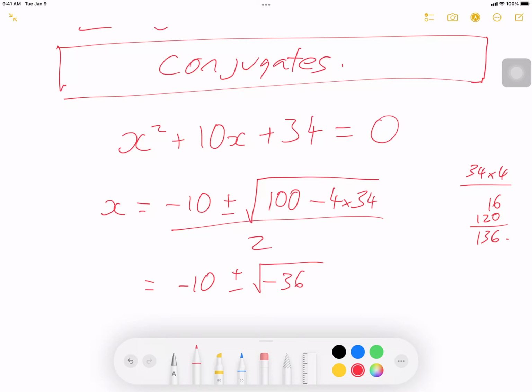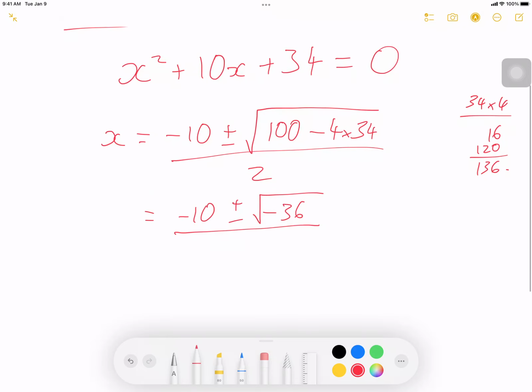Well, I'm doing imaginary numbers, so I'm no longer upset when I see negative 36 inside the square root.